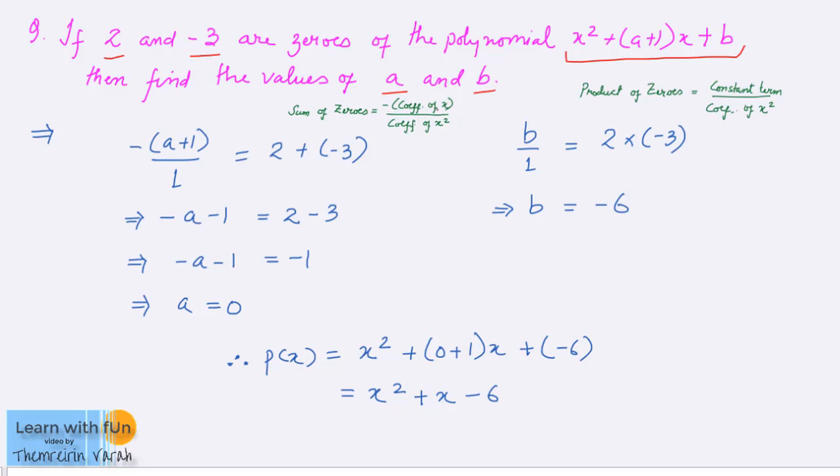Coefficient of x is a plus 1 and coefficient of x square is 1. So minus of coefficient of x upon coefficient of x square equals sum of zeros, which is 2 plus minus 3.